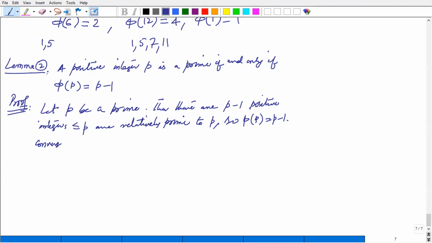So conversely, let p be a positive integer such that phi of p equals p minus 1.